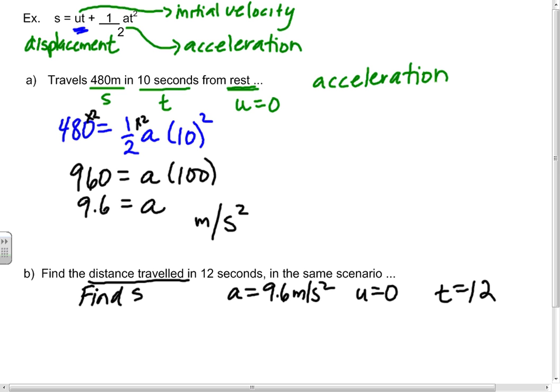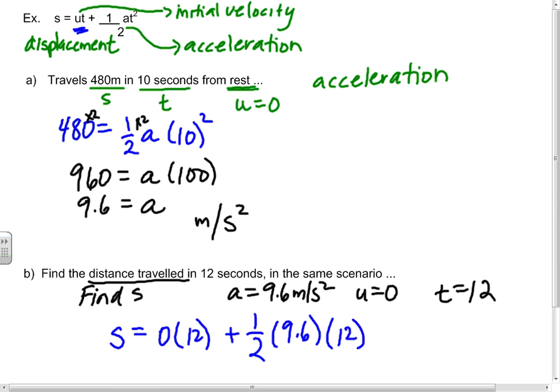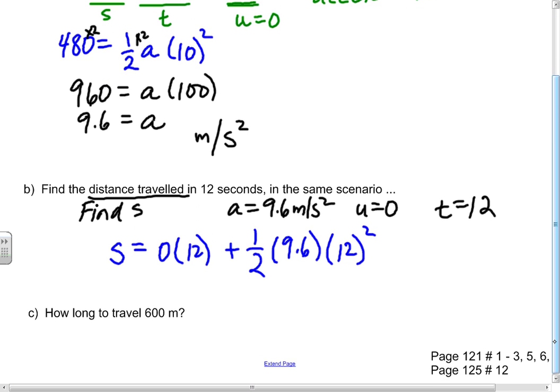So we're going to do a substitution where we are actually solving for S. And we have 0 times 12, so that's just 0, plus a half times the acceleration, which is 9.6, times t squared, which is 12 squared. So let's solve. 0 times 12 is 0. A half times 9.6 times 12 squared.